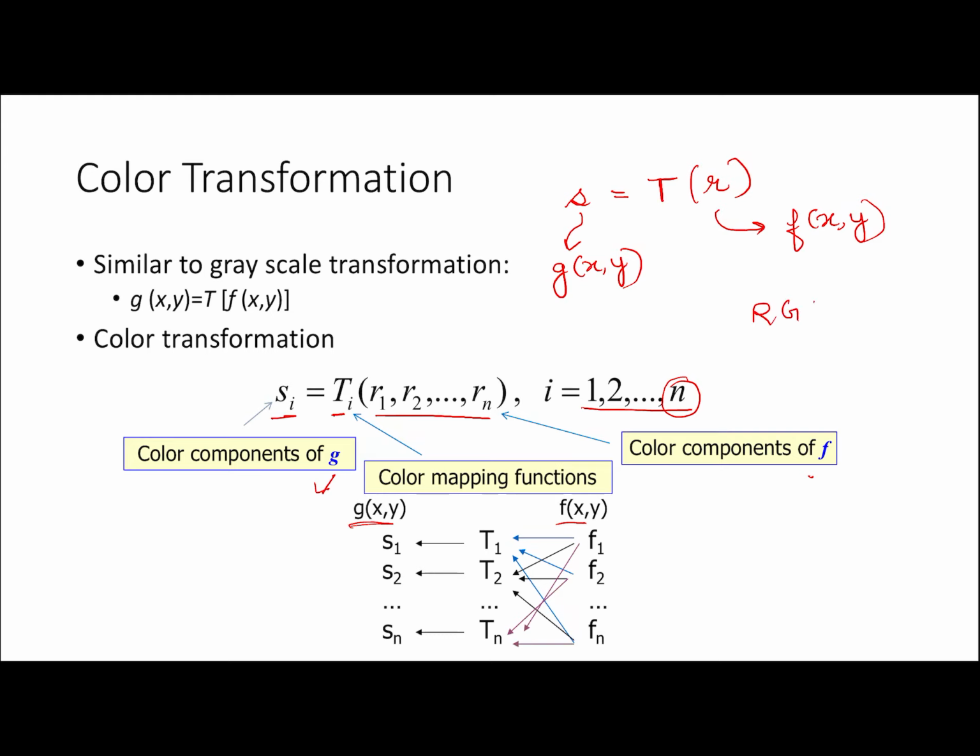If I talk about an RGB or HSI image, n equals 3 because we have 3 components in each of these cases. T_i is actually a set of transformations or color mapping functions that operate on r_i to produce s_i.